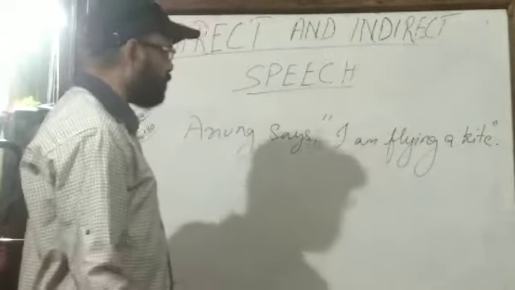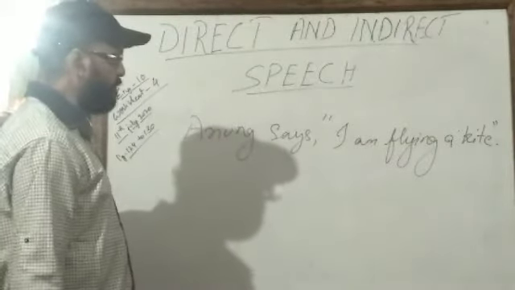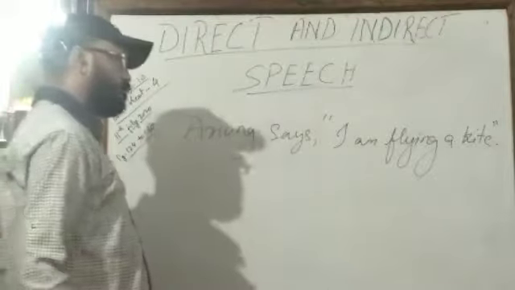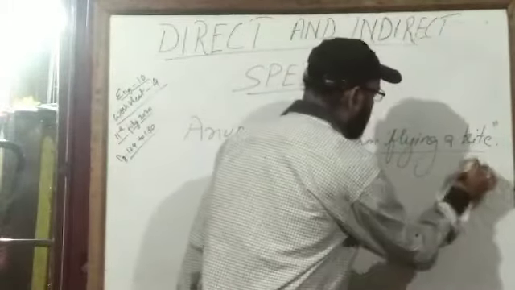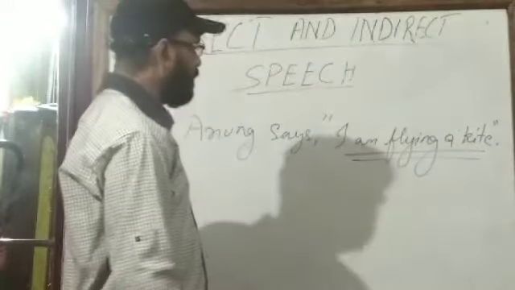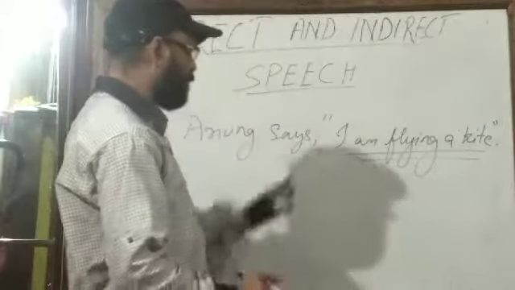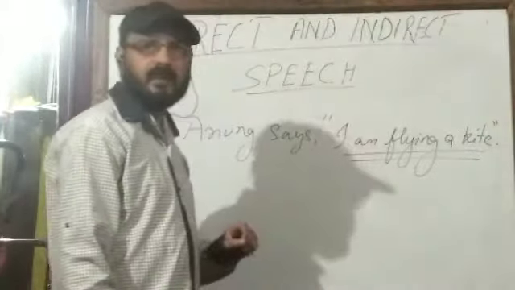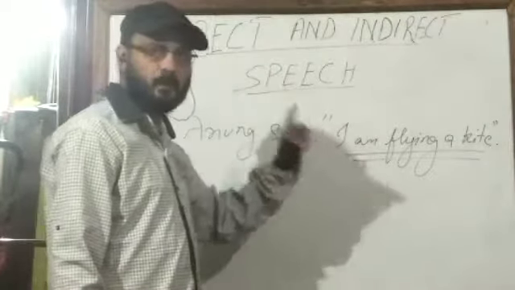Therefore, there are certain rules for doing this direct and indirect speech. Now, first of all, you should know the sentence inside the inverted commas. The kind of sentence as well as the tense of the sentence matters the most.